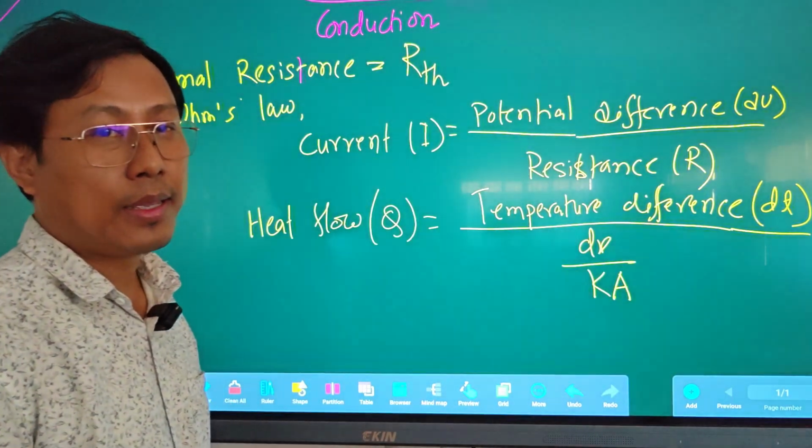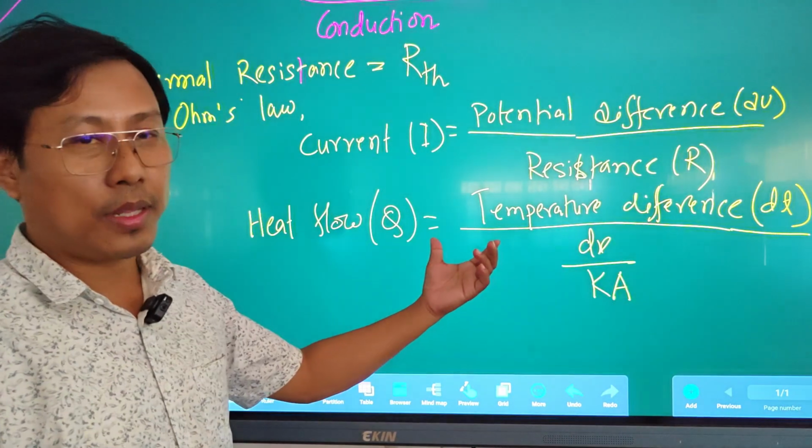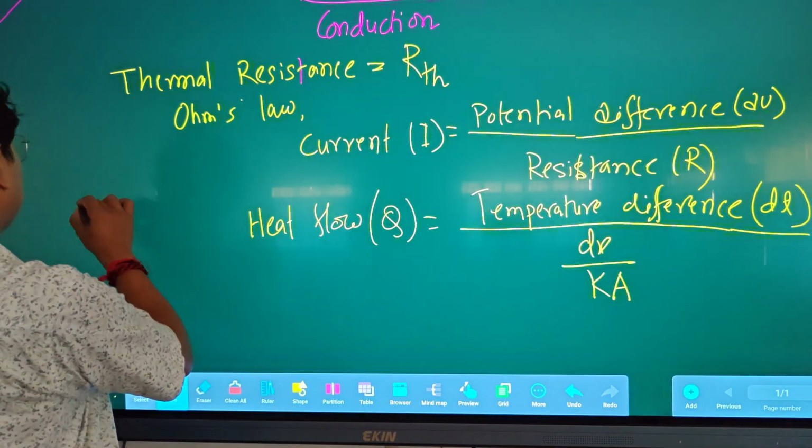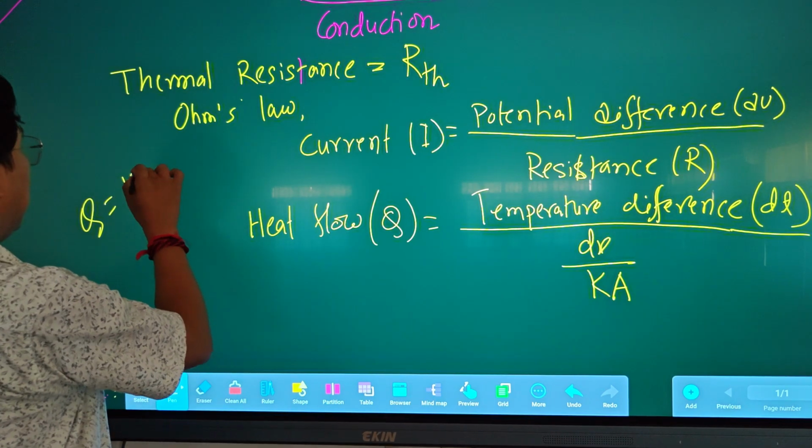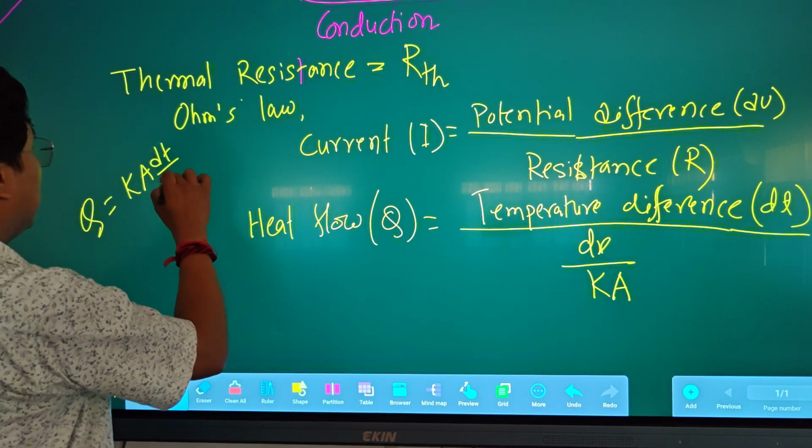This equation is obtained using Q equals Ka dt by dx.